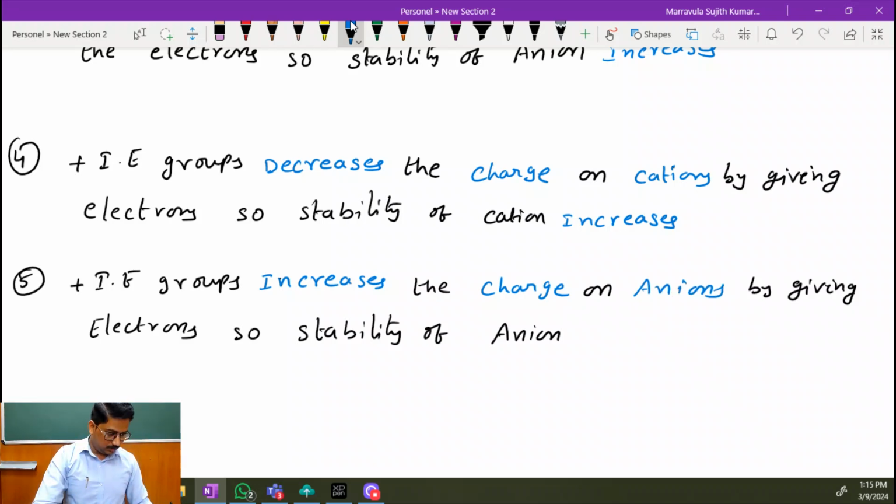So the charge on anions increases, and the stability of anions decreases. So finally we can say this.